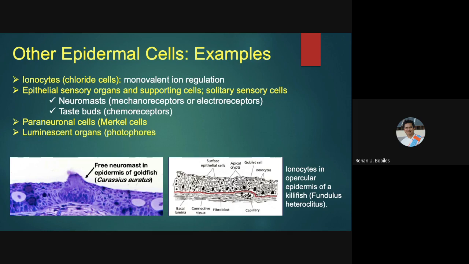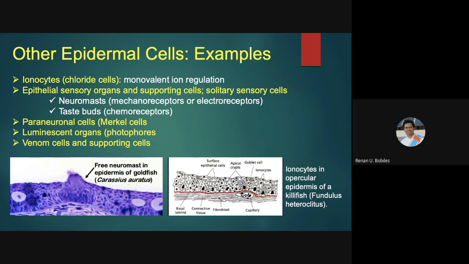We have luminescent organs, which we call photopores. They contain self-luminous cells, the bioluminescent ones like luciferin, or symbiotic luminous bacteria. Okay, among other epidermal cells. Then we have the venom cells and supporting cells.